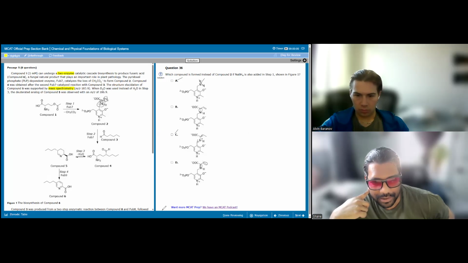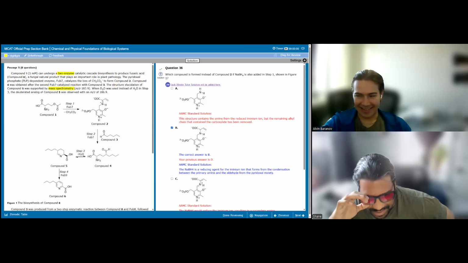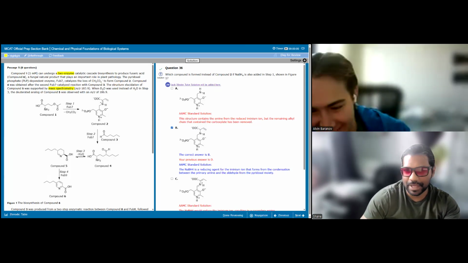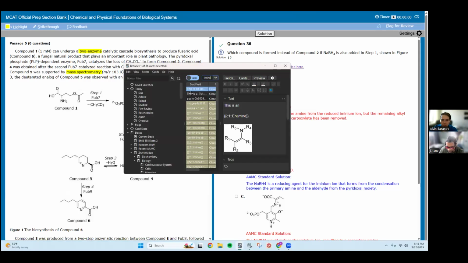But what we should be seeing is an iminium ion, because I know there's imines. That is essentially like a carbonyl, but a carbon double bonded to a nitrogen that is also bound to some other carbons.